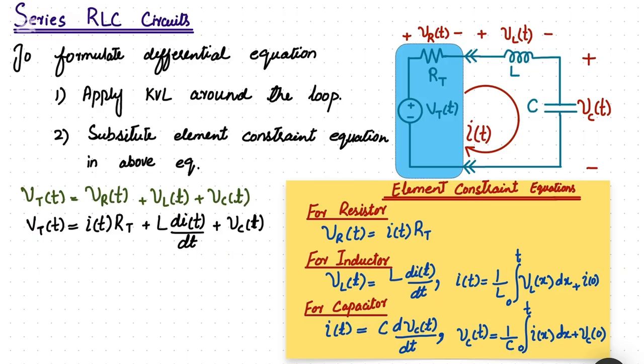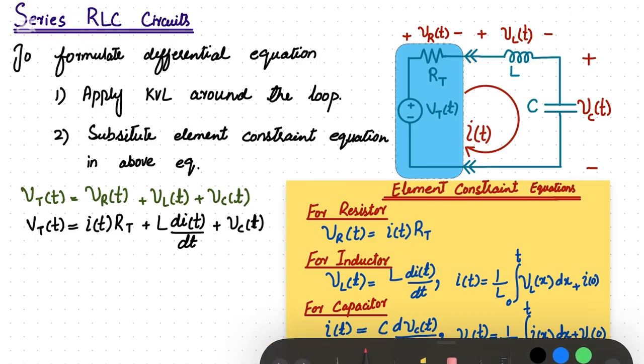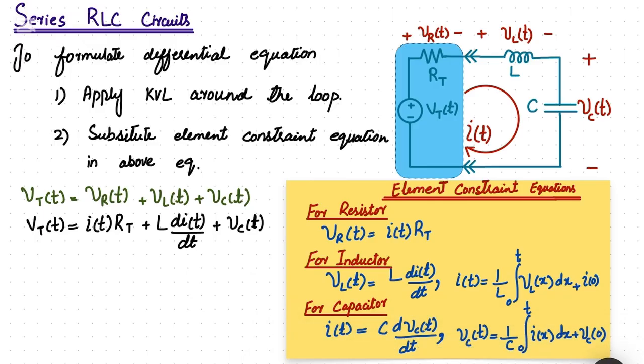Now we have two state variables in this equation. One is Vc of t and the second one is I of t. We want to convert this equation in the form of a single unknown variable, either Vc of t or I of t. Let's try to write this equation in the form of Vc of t first.